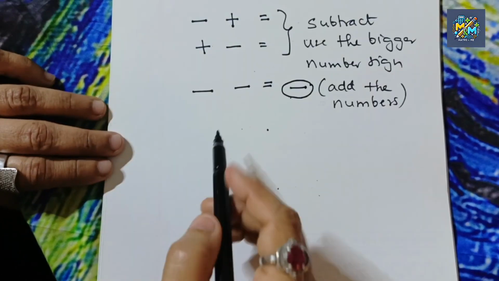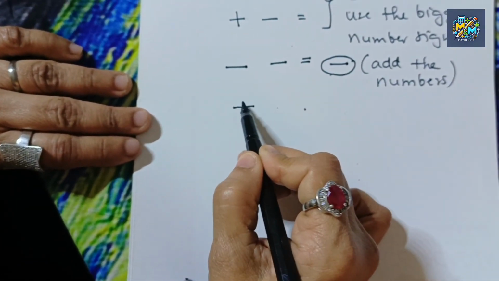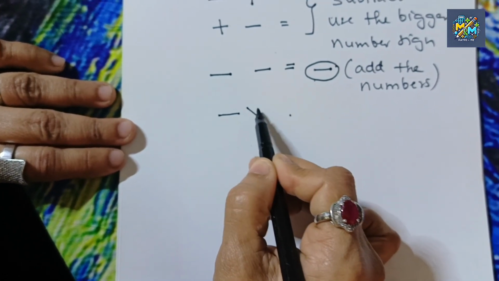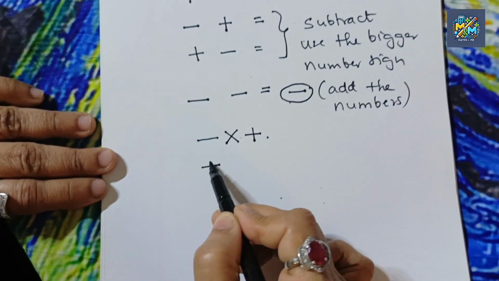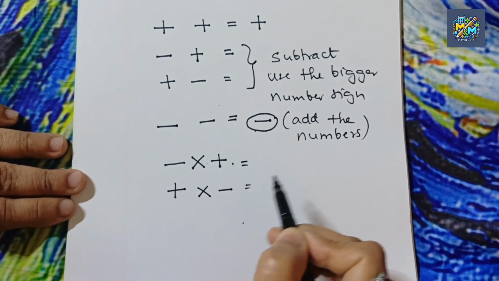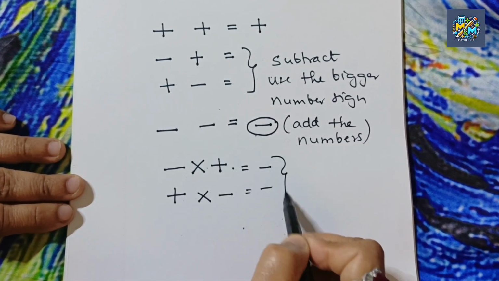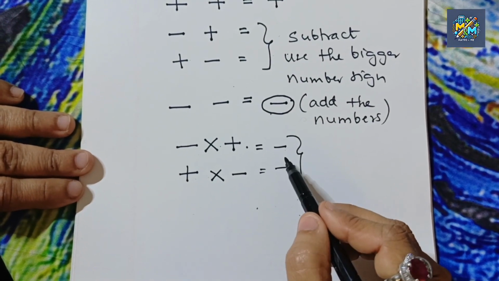After that, we turned things into multiplication. Now here I am multiplying minus multiplied by plus, or plus multiplied by minus. In both the cases, we have to multiply the numbers and use the negative sign.